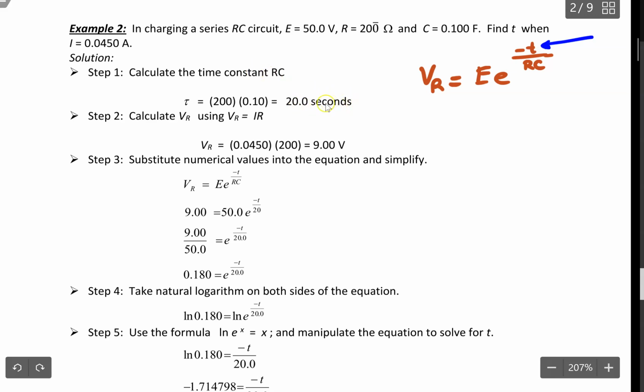Okay, so now because you are given I and you don't have VR to work with, we are going to use Ohm's law, right?